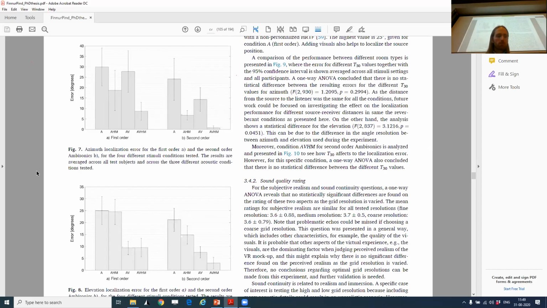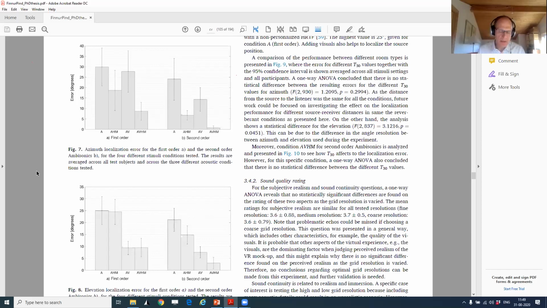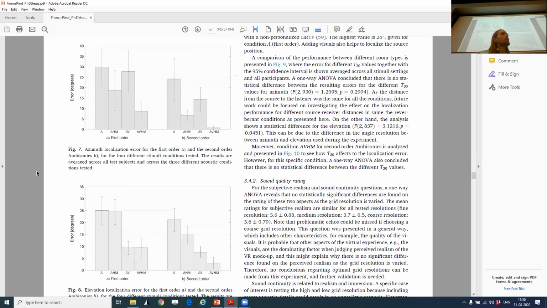Then I'll leave the word to Martin if you had anything on the last paper, the paper 8. For sure I have questions there. I have one remark on paper 7. I wonder about the relevance of including many image sources in a solution, because often you combine image sources and ray tracing.